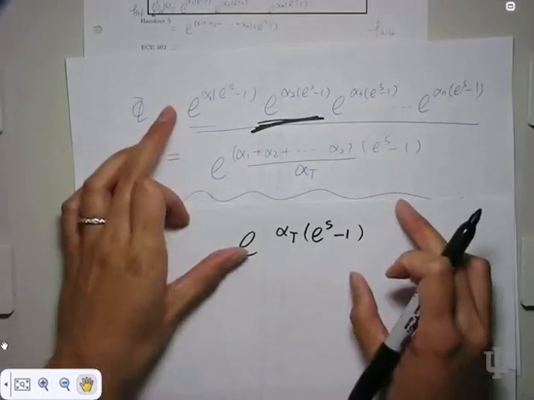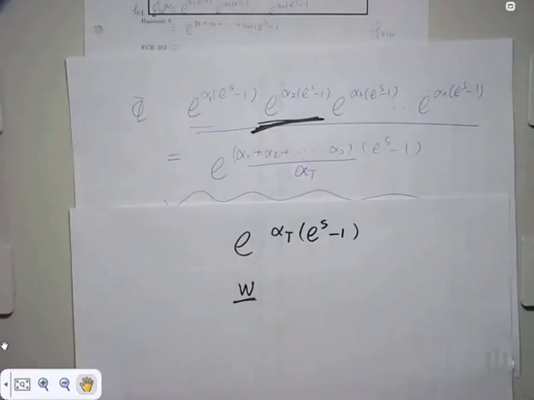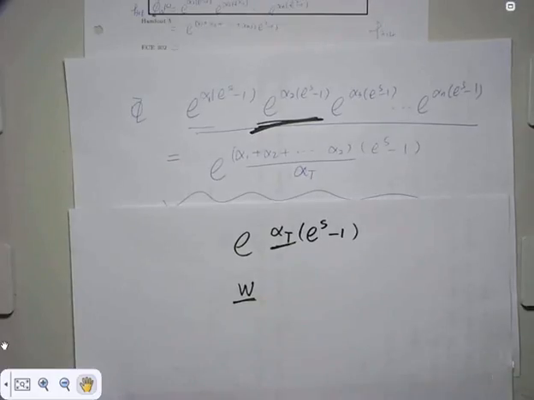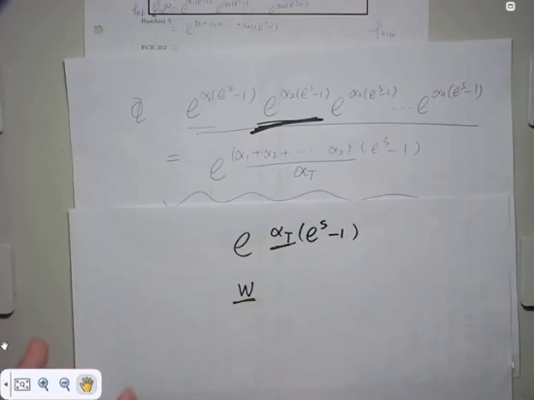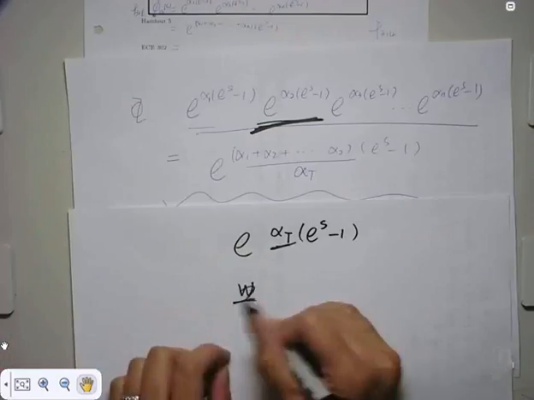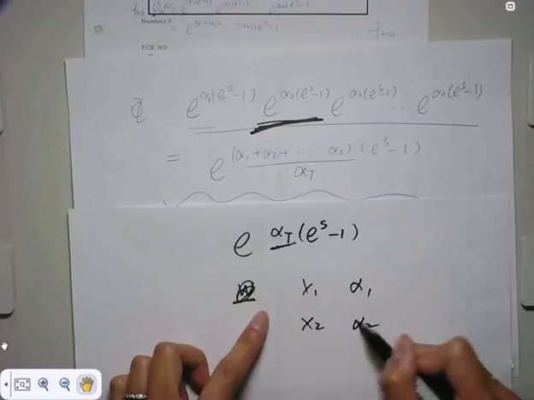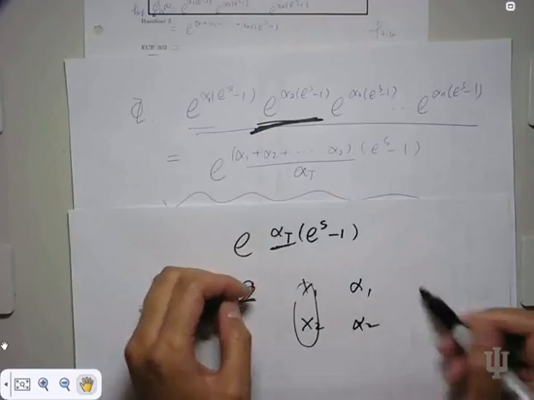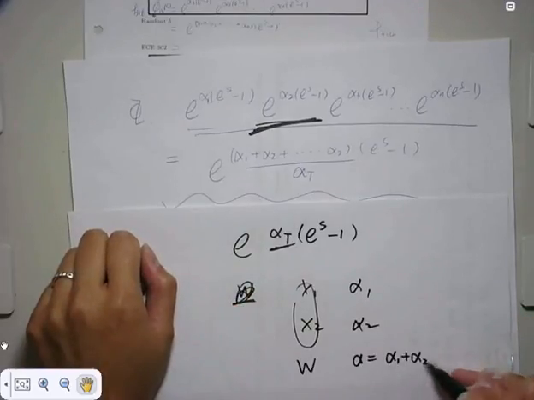So that's one proof that the sum of several independent Poisson random variables is still a Poisson random variable, with lambda equal to alpha t, which is just the sum of all the alphas. So you have x1 with alpha 1 and x2 with alpha 2, two different independent Poisson random variables, and the sum of them will be another Poisson random variable with alpha equal to alpha 1 plus alpha 2.